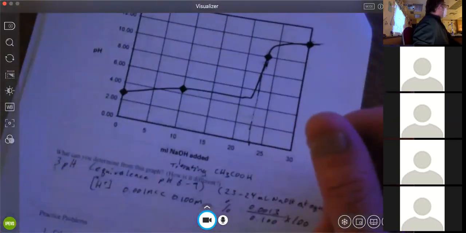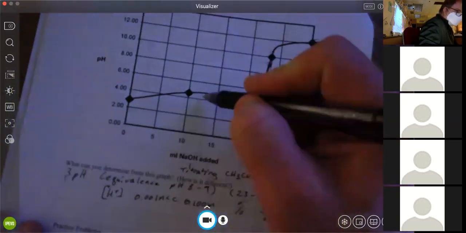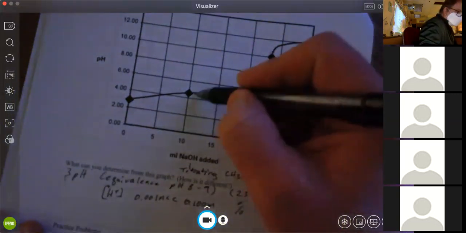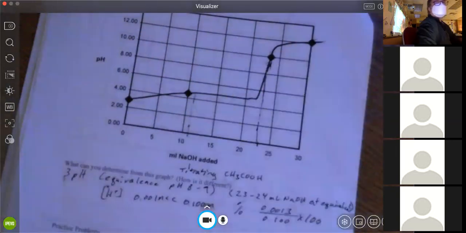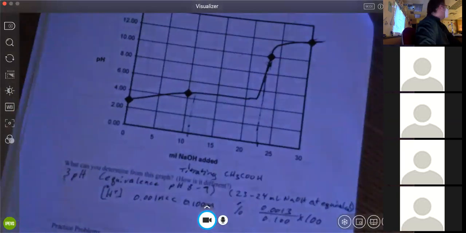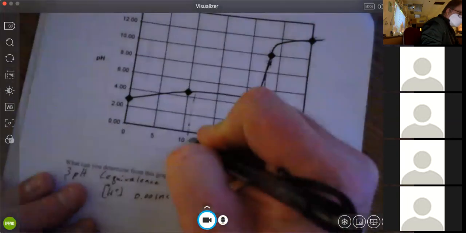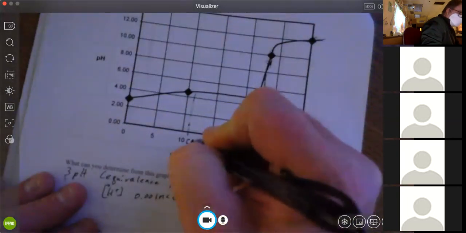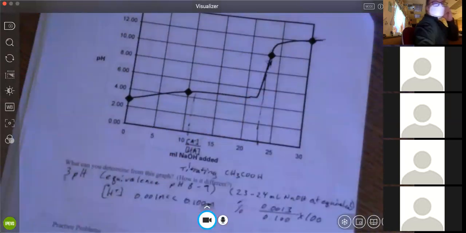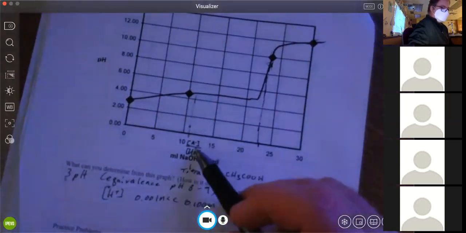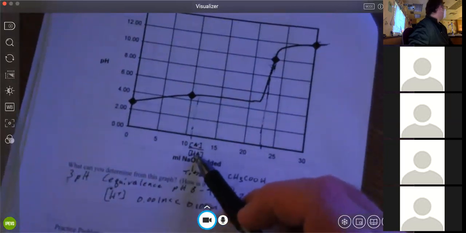So what's the middle of 23.58? 11.5 something? So right about here, right? That's where the ratio equals each other. So what I'm saying is we have the A- equal to the HA, and if these are equal, this concentration over this concentration will equal 1.